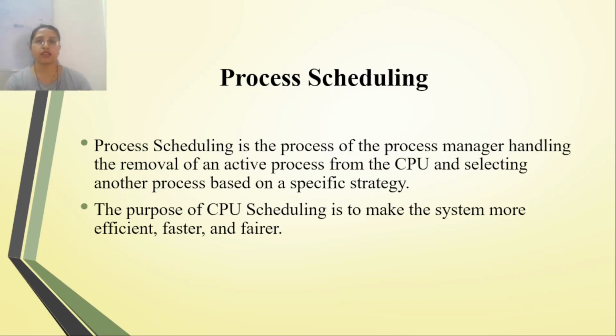What technique the operating system employs to execute various processes will differ. But the main purpose of process scheduling is that each and every process in the system should get an equal fair chance to execute. There should not be any kind of starvation of a process, and the efficiency of your system should be at the maximum. The utilization of the CPU should be at the maximum. Everything will be covered in process scheduling.